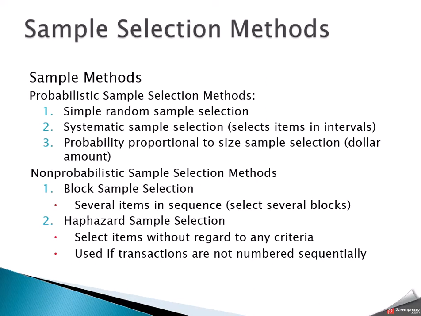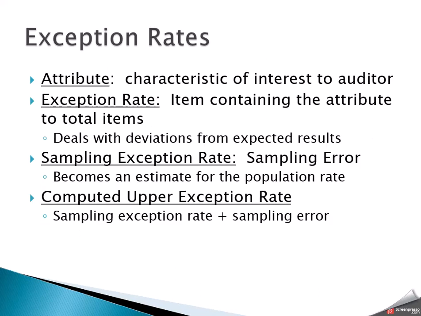It's kind of like pulling numbers out of a hat. What they say is you would use that if the transactions aren't numbered sequentially, so maybe they're numbered in a different way than pre-numbered 1, 2, 3 in order.